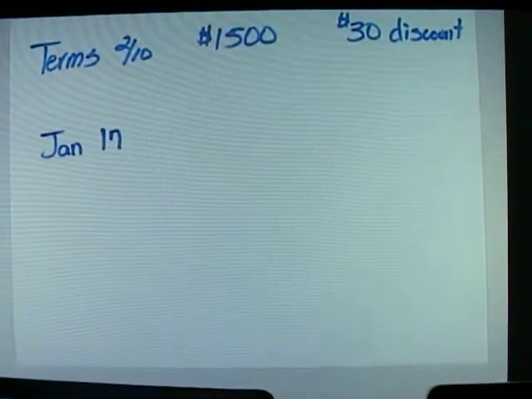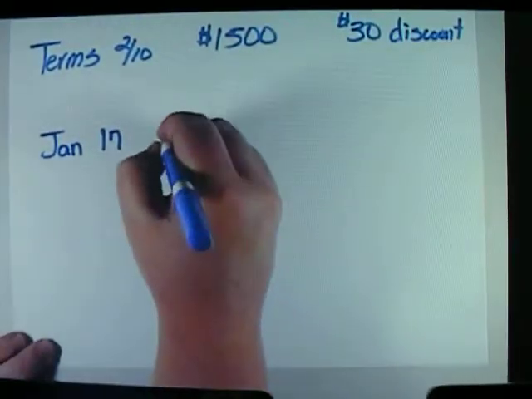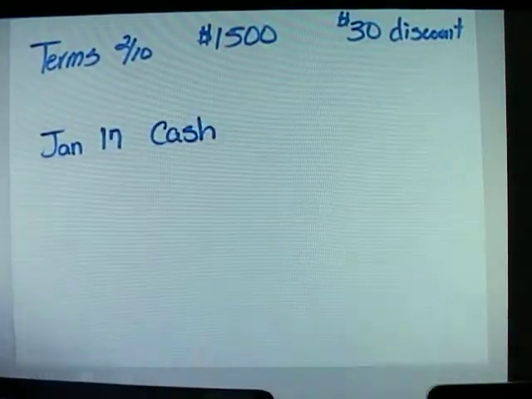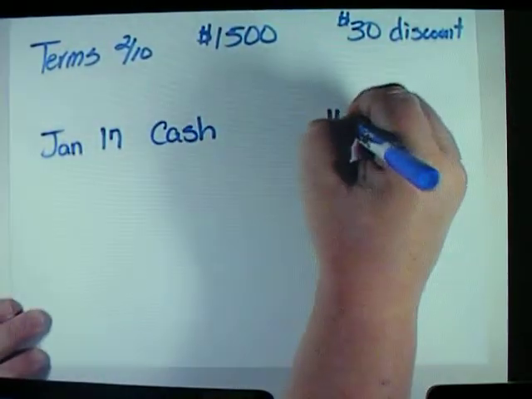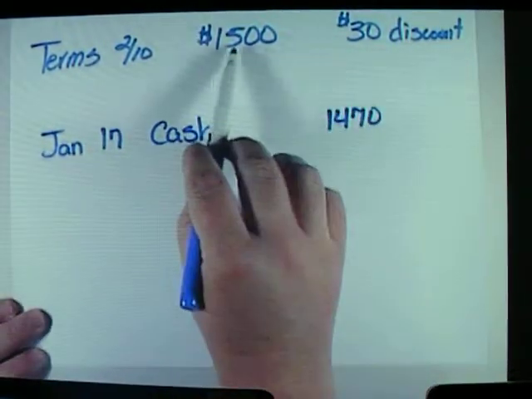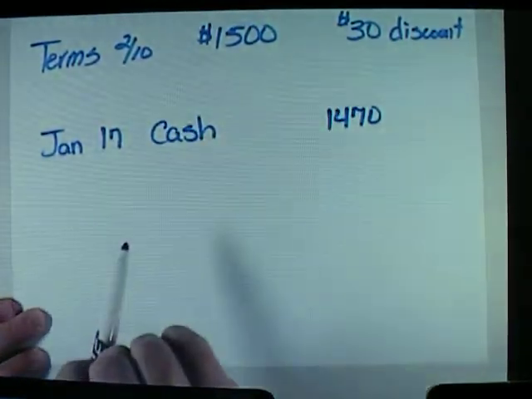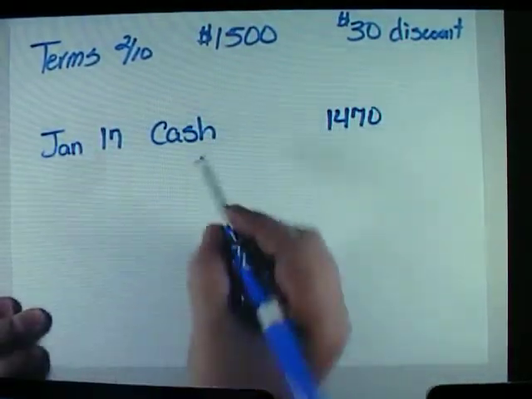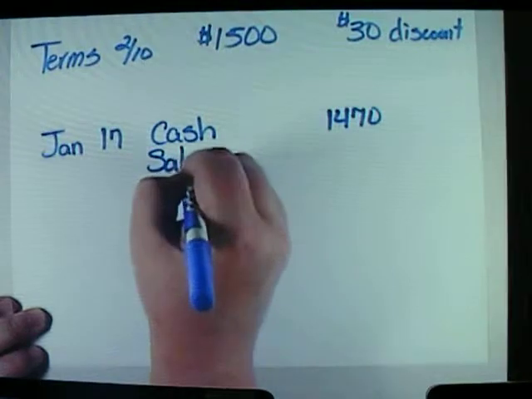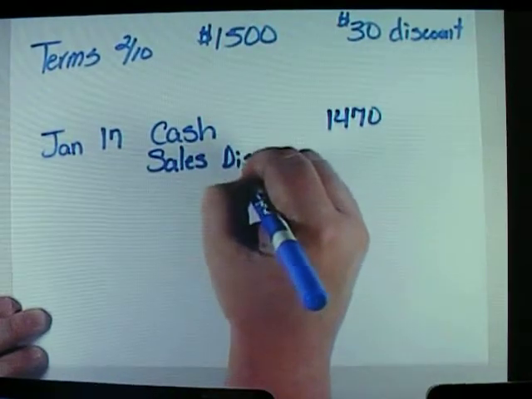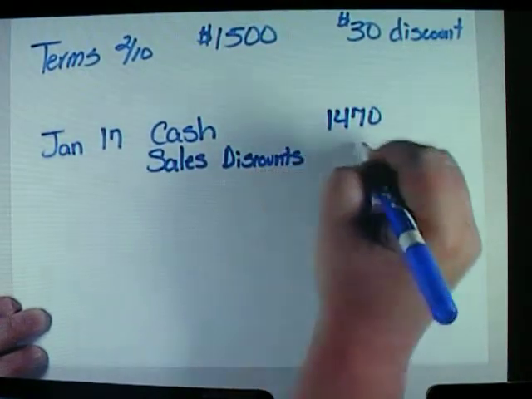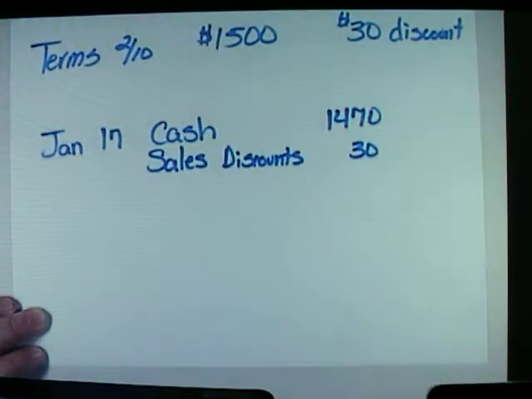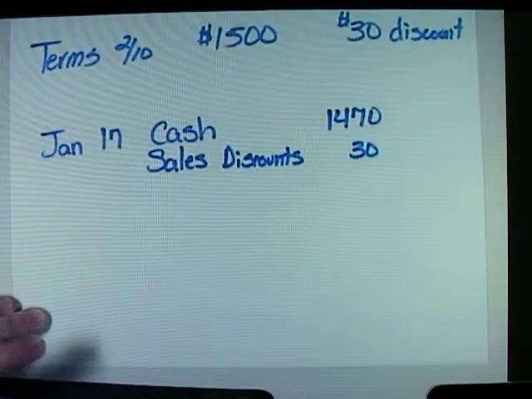And then I'm going to debit cash for $1,470, because that again is the $1,500 minus the $30 discount. I am now going to debit sales discount for $30. That gives me my $1,500 total.